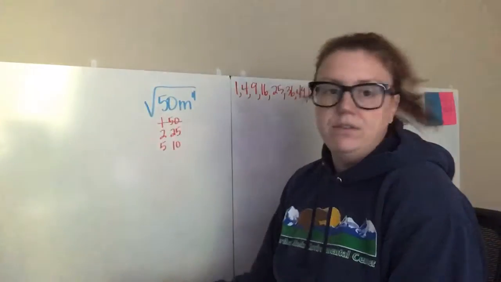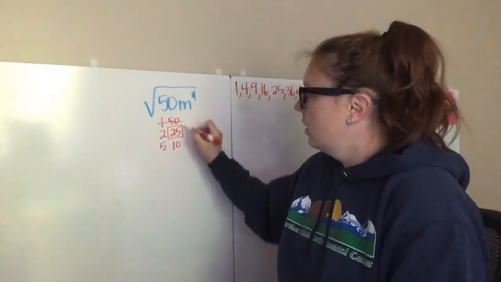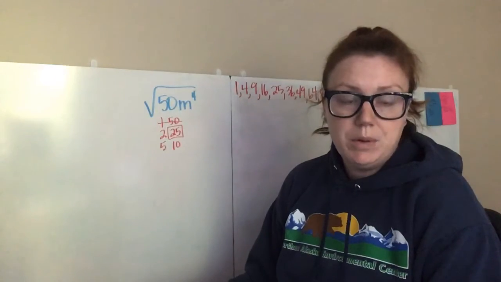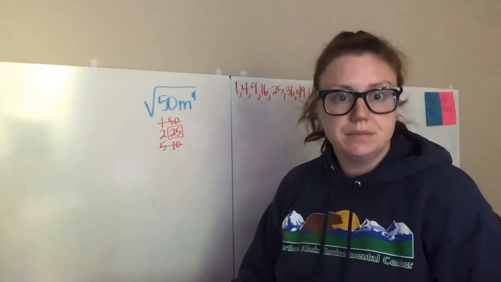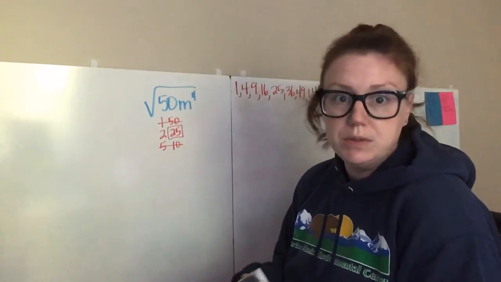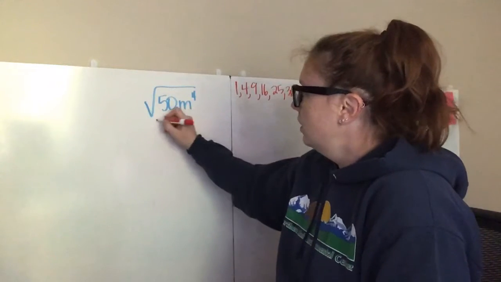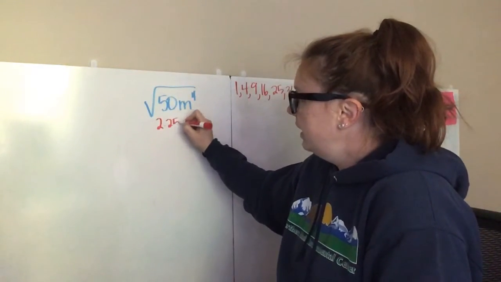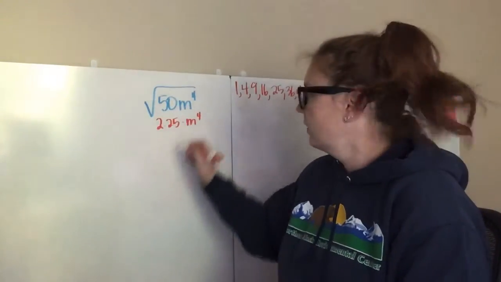I'm not going to use 1 and 50. 25 is a perfect square. Nothing down there. So I'm going to do 2 and 25. 2 times 25 times m to the 4th.